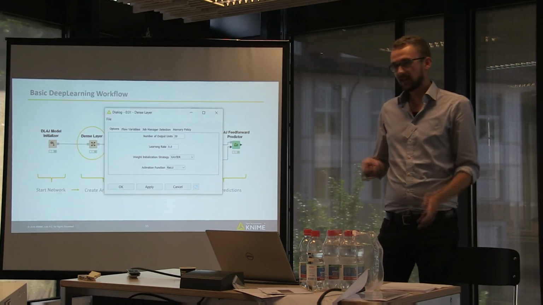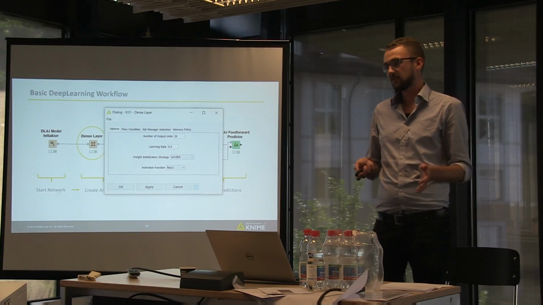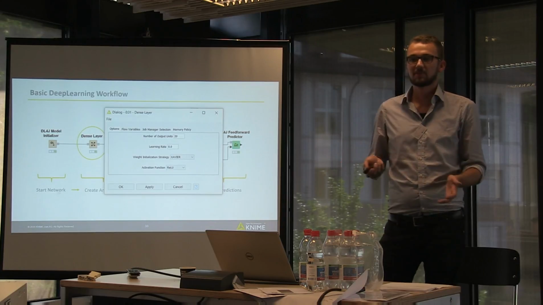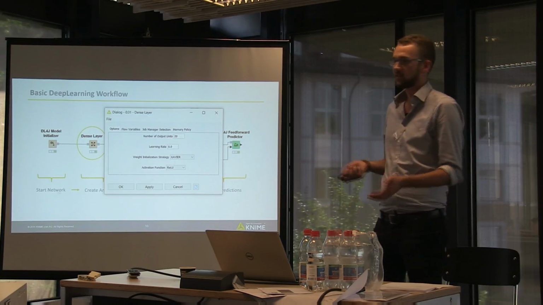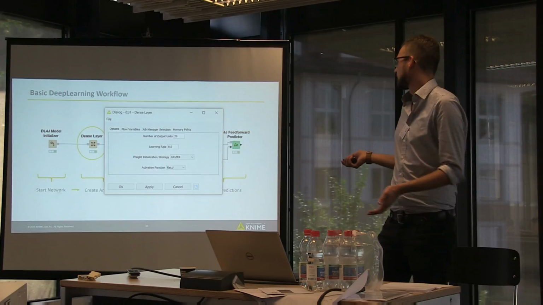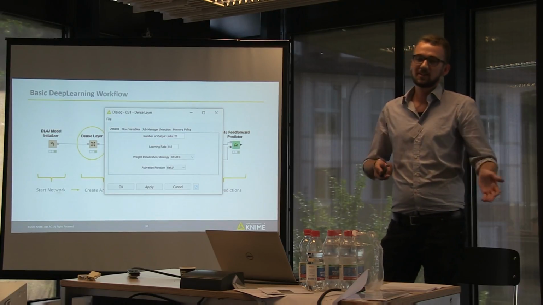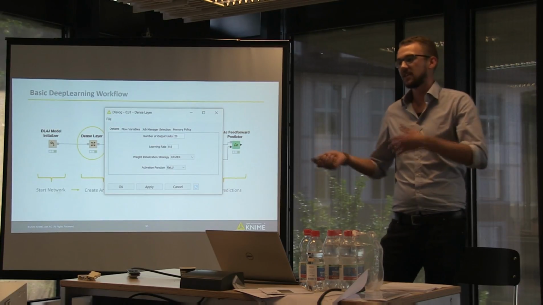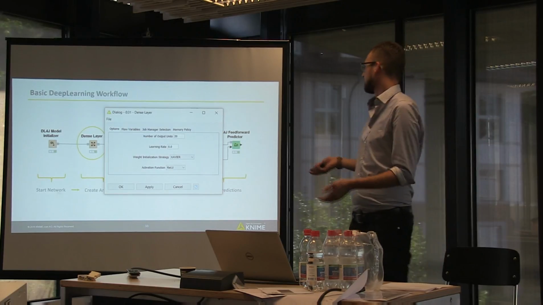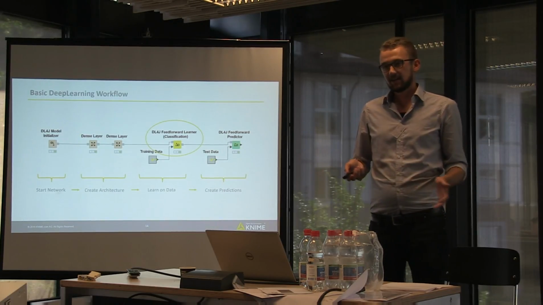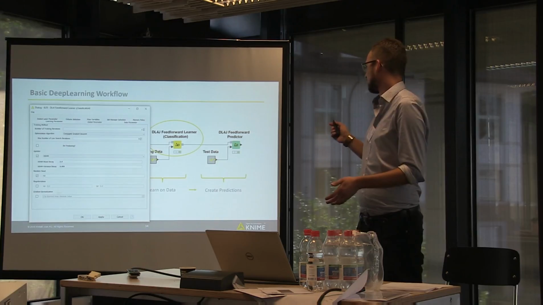And here you can open the configuration of this node, and then specify things like the width of the network, so the number of output units, or if you want to choose a specific activation function for each layer, you would do that here. Then we have a big configuration panel for the learner.